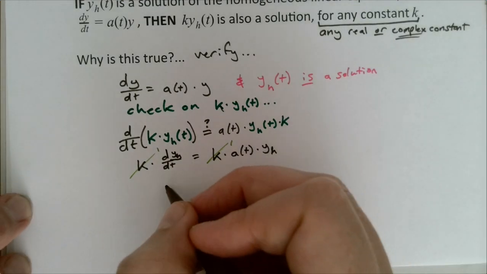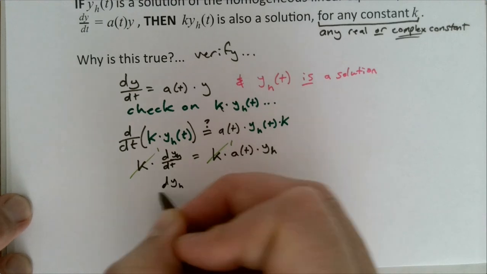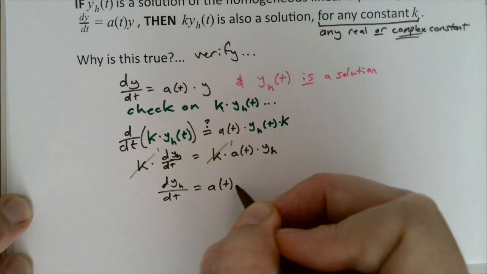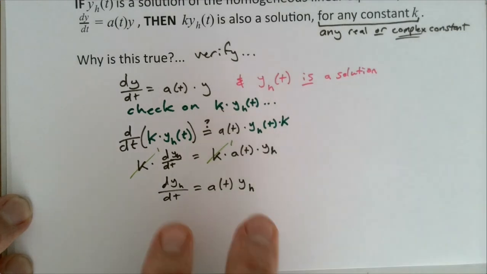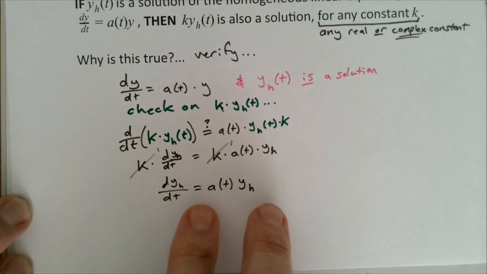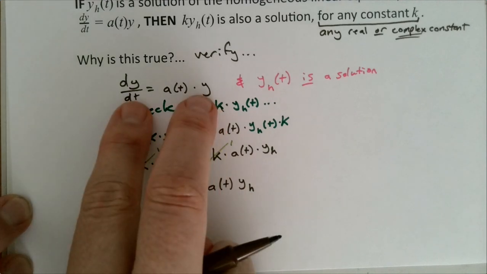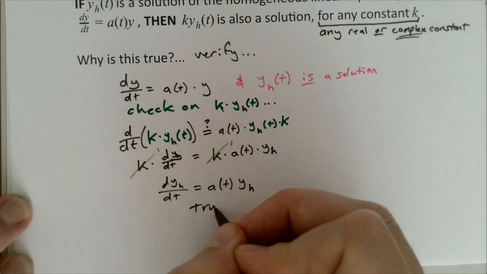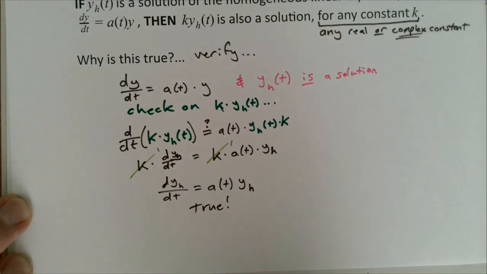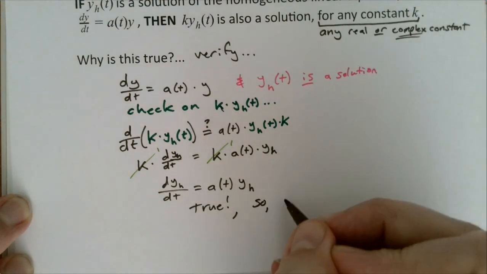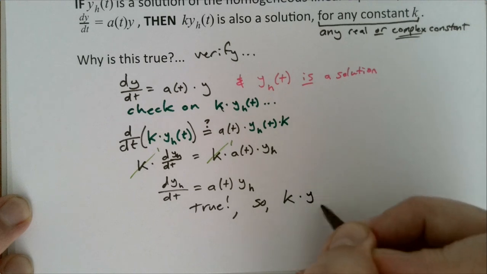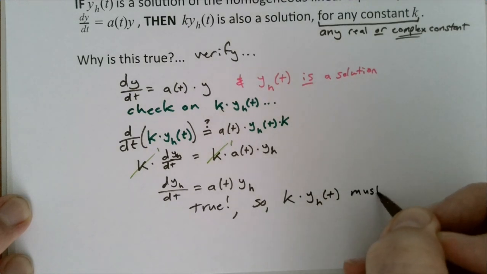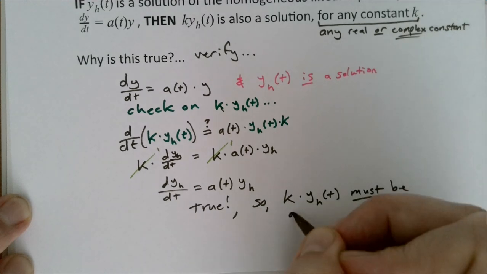So the fact that we have dy sub h/dt equals a of t times y sub h, that's exactly what you would get if you just plugged in your solution into the original differential equation. So this is just true, right? So that means any constant times y sub h of t must be a solution as well.